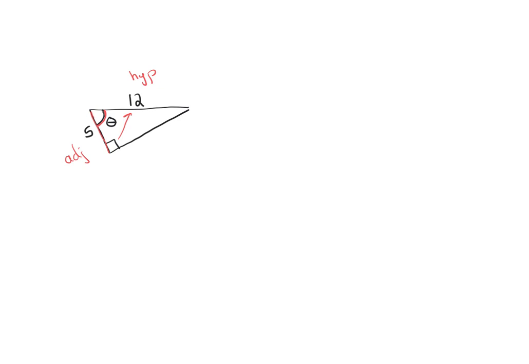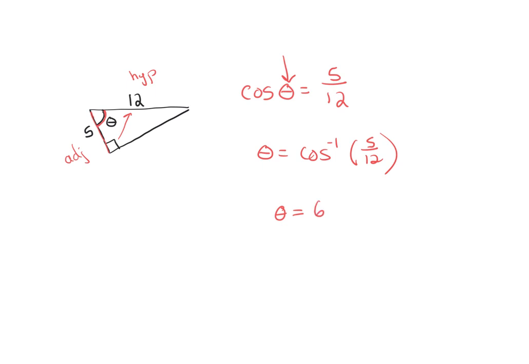Adjacent and hypotenuse, that is cosine. Cosine of theta equals 5 over 12. To isolate this, we'll just take the inverse cosine of 5/12. And when you do that, you will get about 65 degrees.